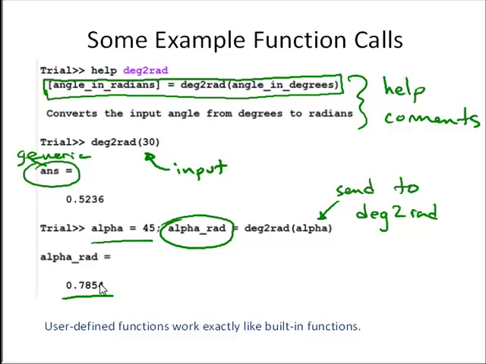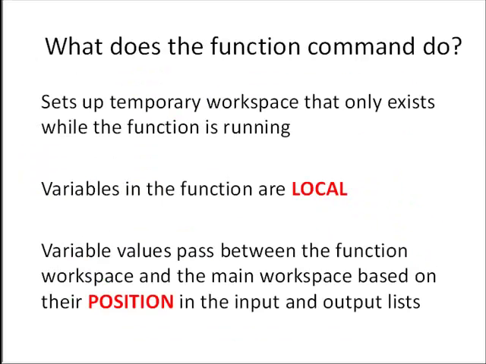So let's look a little bit more at what that function command is actually doing. What happens when we have a function command at the top of a script M file is that the function sets up a temporary workspace that only exists while the function is running. So all of the variables inside the function are local to that function.